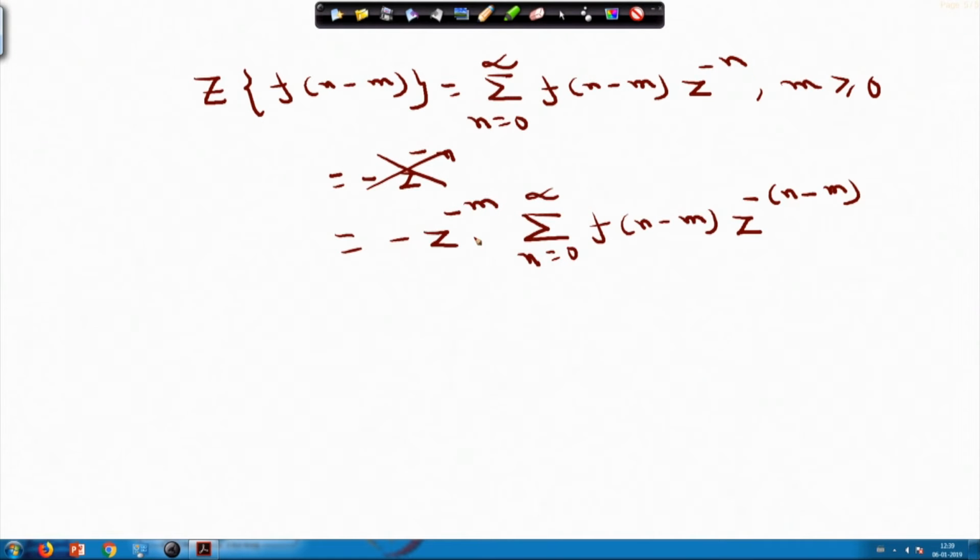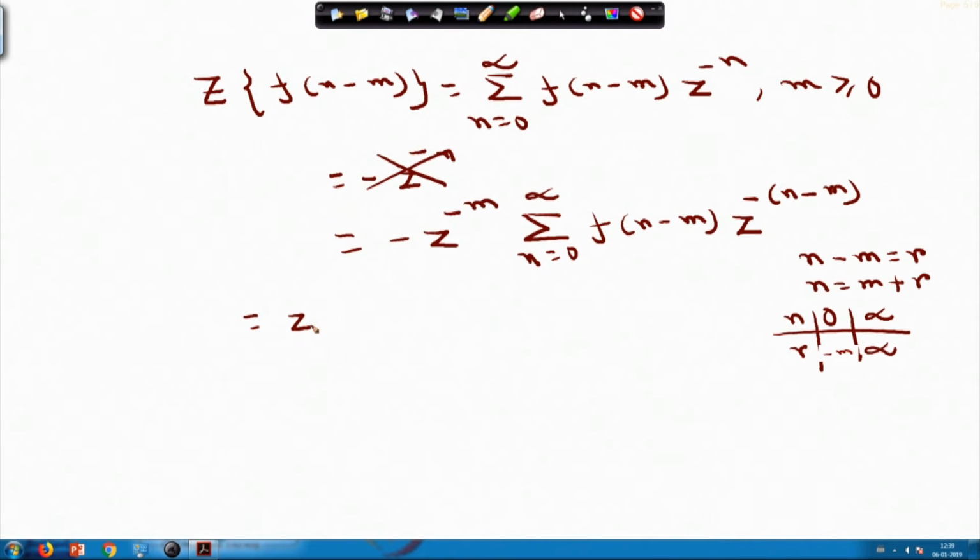Now let us assume that n minus m equals r, so that n is m plus r. Whenever n is 0, r will be minus m, and when n is infinity, r is infinity.